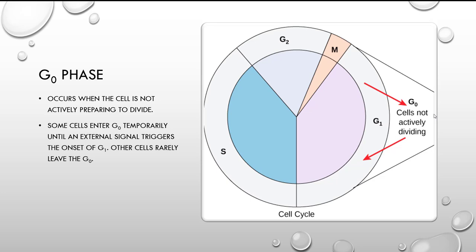And we'll talk about the variability. So just realize that once the mitotic phase is over and you have two daughter cells, those daughter cells will leave the cell cycle and go into G0. And they could stay there forever, or they could re-enter the cell cycle and prepare to divide once again.